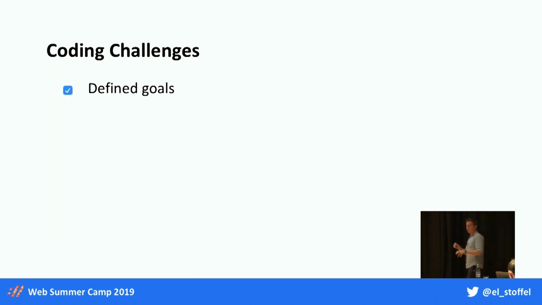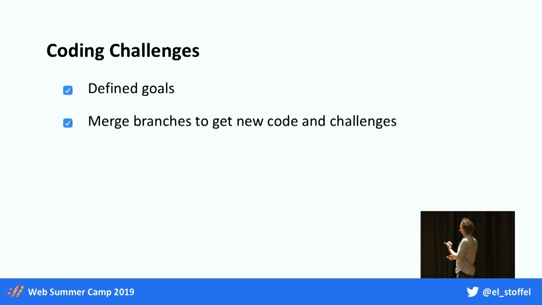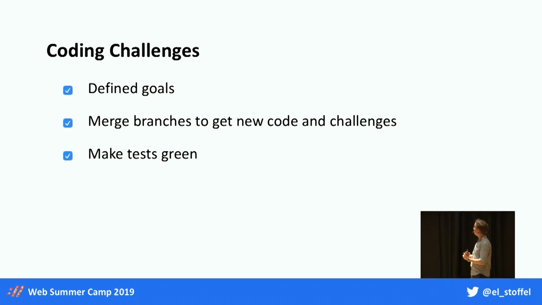All right, we're doing coding challenges. They always have a defined goal, and that goal is defined by merging a branch into your local environment. So if you want to work test-driven, I implemented functional tests that you should make green while implementing the form types or controllers.